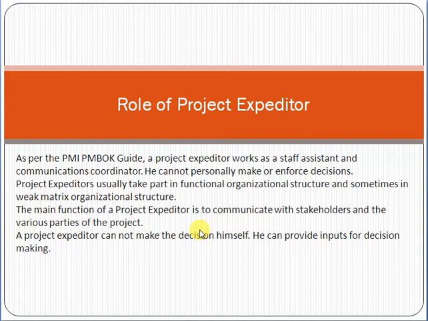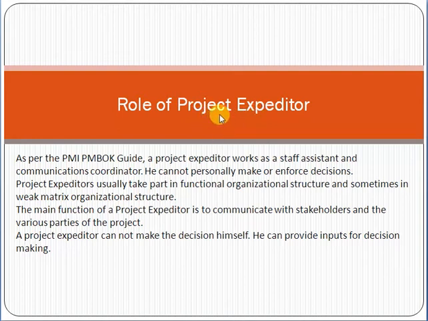So let's start. Role of Project Expediter. Friend, we will see this topic with reference to PMBOK, Project Management Body of Knowledge, and today's topic is directly related to project management. If we see this term Project Expediter, this is a role of a person in project management.